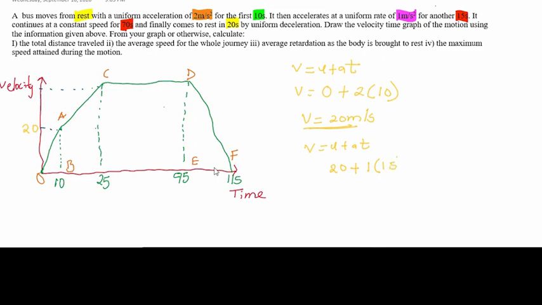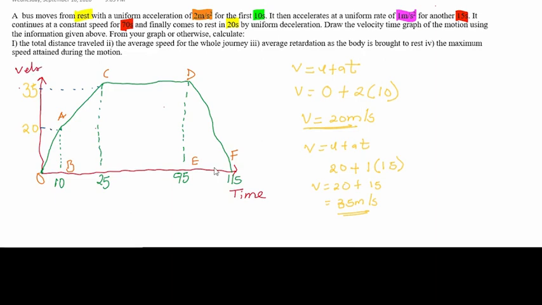So V will be equal to 20 plus 1 multiplied by 15, which is 15. 15 plus 20 will give us a total of 35 meters per second. So at this point, we'll be having 35 as our final velocity.